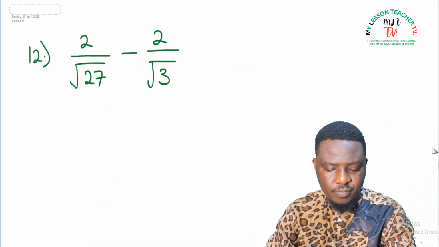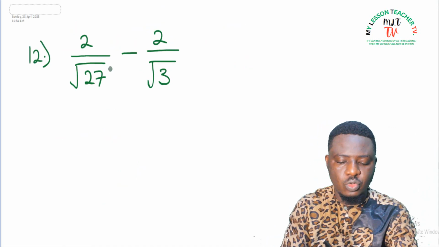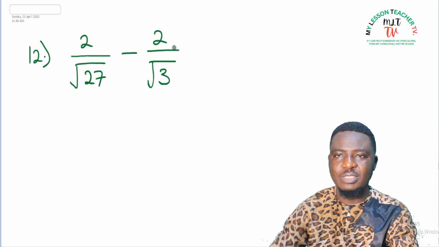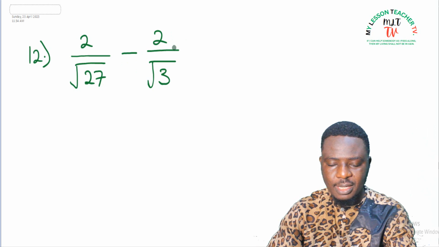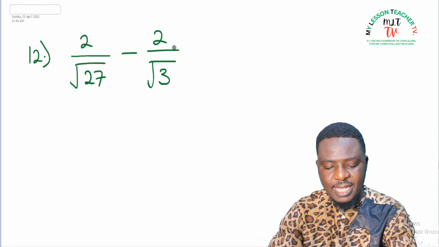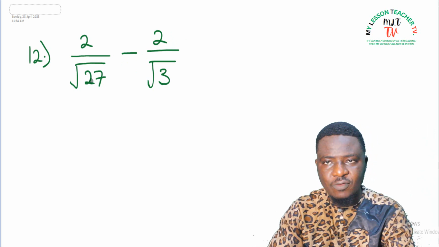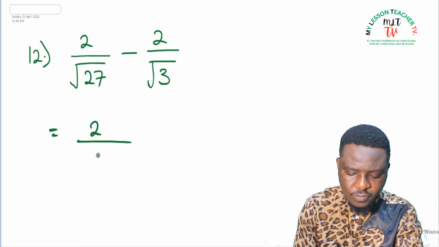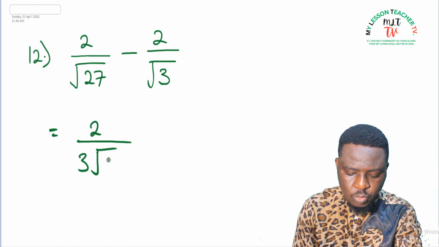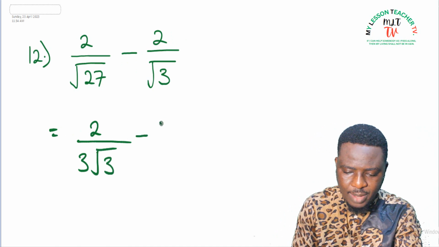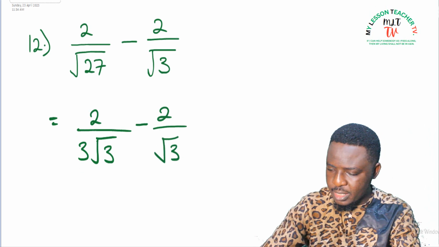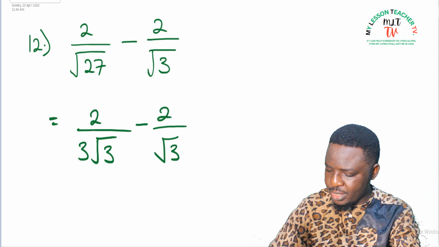Question 12, we have 2 divided by root 27 minus 2 over root 3. Also simplify, expressing root 27 in its basic surd form. This becomes 2 divided by 3 root 3 minus 2 divided by root 3. The LCM, you will agree with me, is 3 root 3.